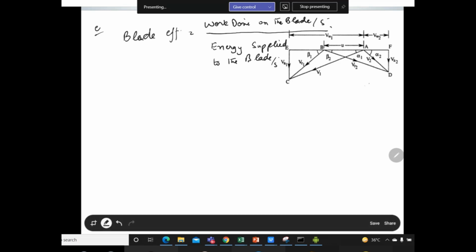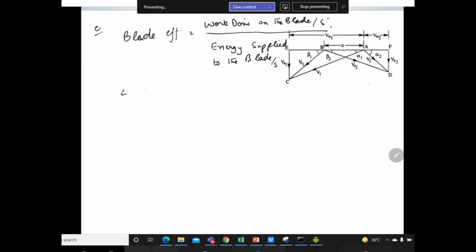From this we already found the work done on the blade per second, which is m times (whirl velocity 1 plus whirl velocity 2) into blade velocity.